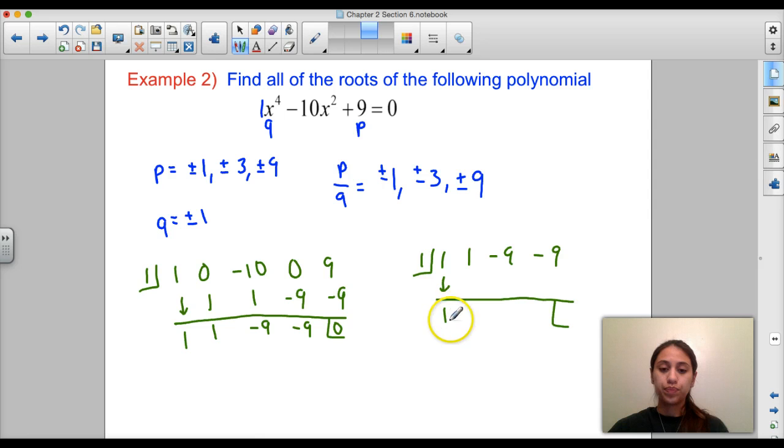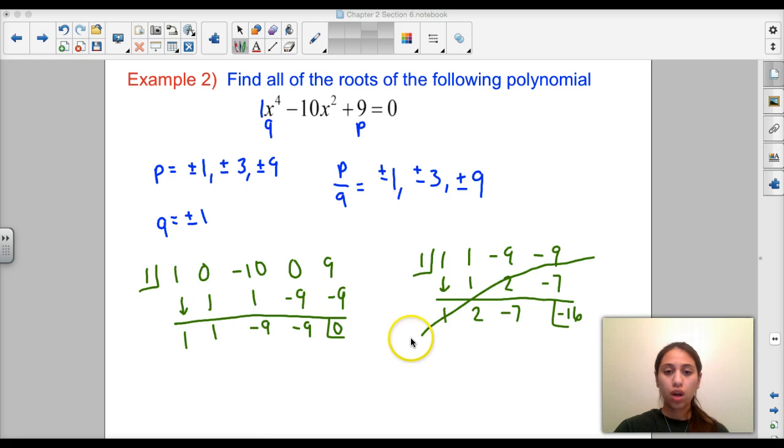Bring down 1, then 1 times 1 is 1. Adding, we get 2. 2 times 1 is 2. Adding these, we get negative 7. Negative 7 times 1 is negative 7. Adding these, we get negative 16. So that means 1 is not a double root, and we don't have to worry about this.